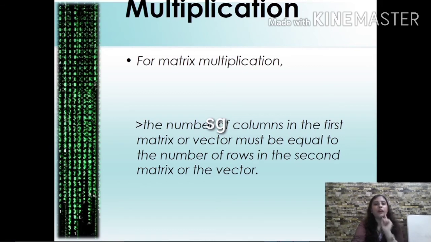The number of columns in the first matrix needs to be equal to the number of rows of the second one. We are not bothered with the number of rows of the first matrix and the number of columns of the second matrix. We are only bothered with the number of columns of the first matrix and the number of rows of the second matrix. These two need to be equal.